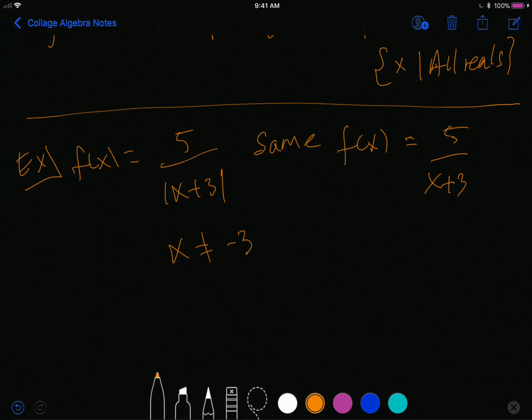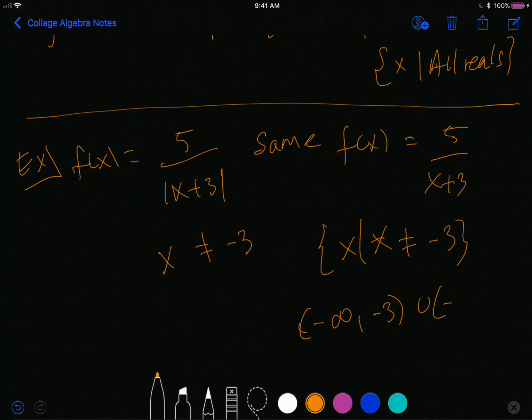If you set the denominator equal to 0 and solve, you'll get that x cannot be negative 3. Of course, that is x such that x cannot be negative 3, or in interval notation, negative infinity to negative 3, union negative 3 to infinity. Right. So that's the first piece of the puzzle right there.